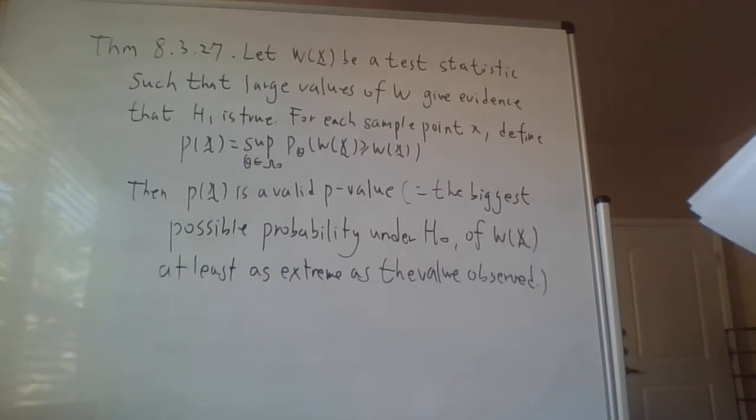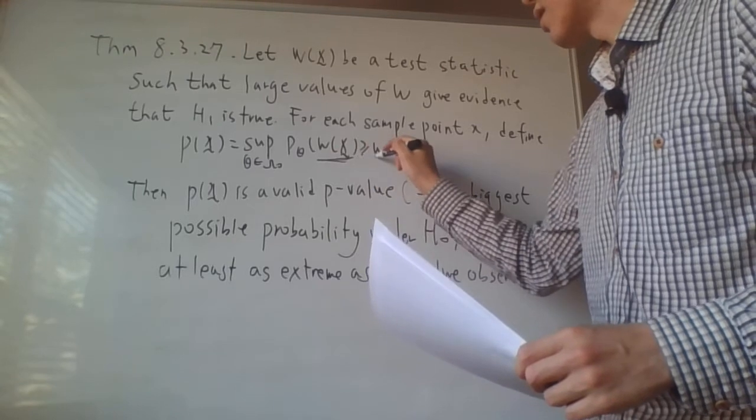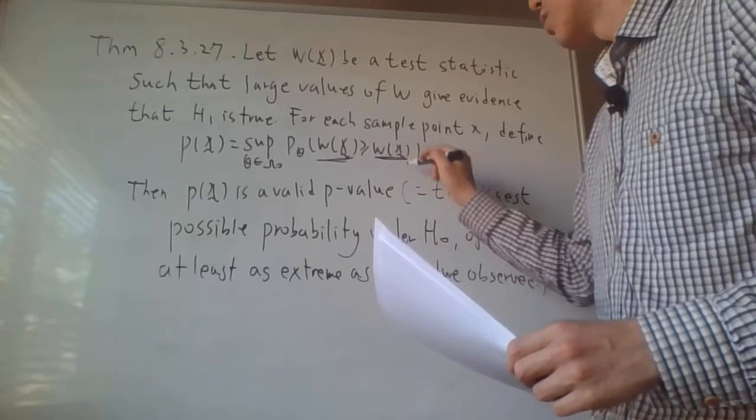So we are looking at the probability that our test statistic is greater or equal to the calculated test statistic. As I said, this is a random variable, and this is the realized value.